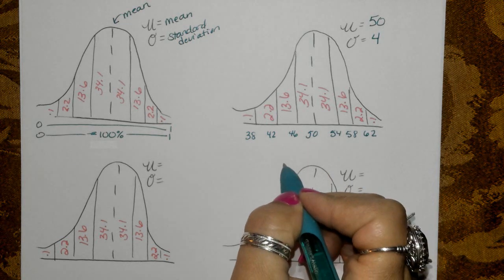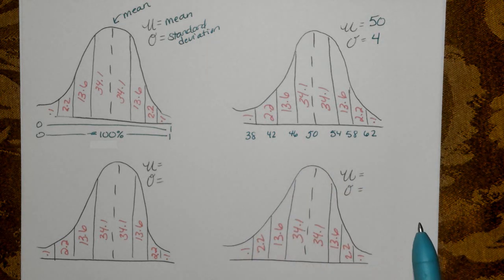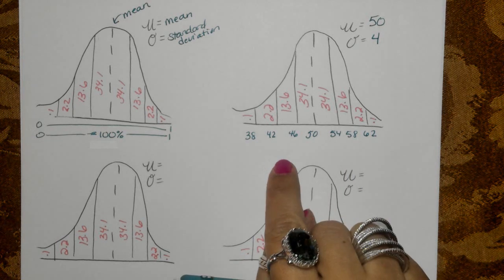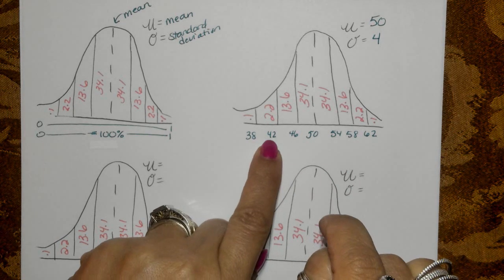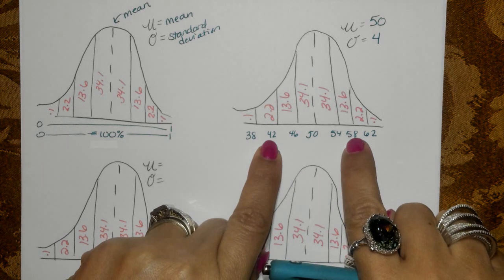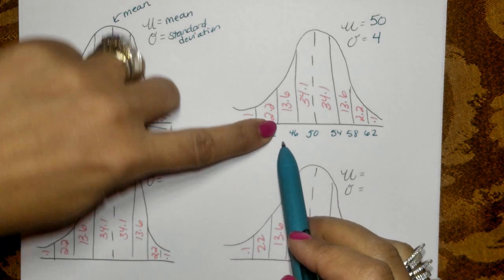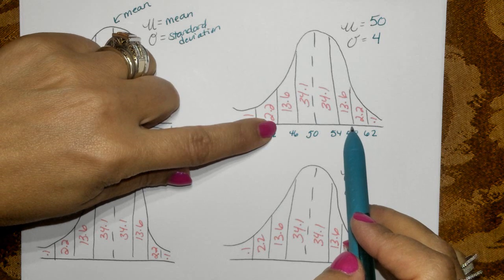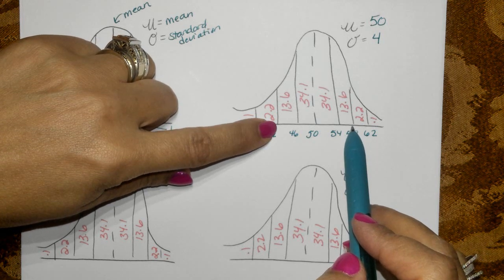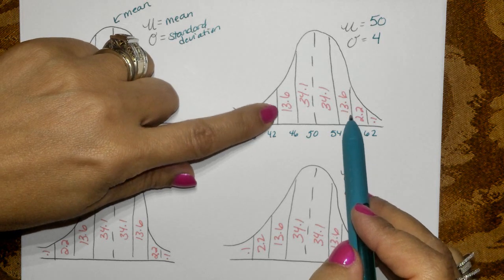Now it's going to ask me questions. Between 42 and 58, what is the probability? Okay, this line is 42 right here, and this line is 58. What it's asking is to add all the probabilities between these two lines.